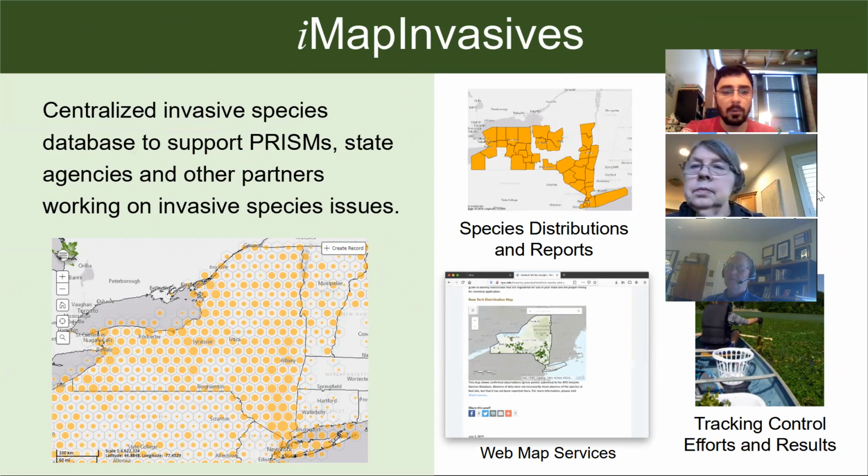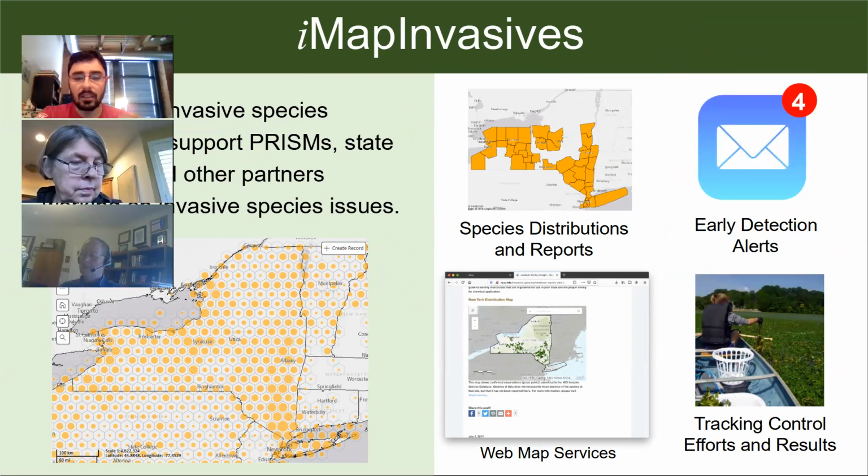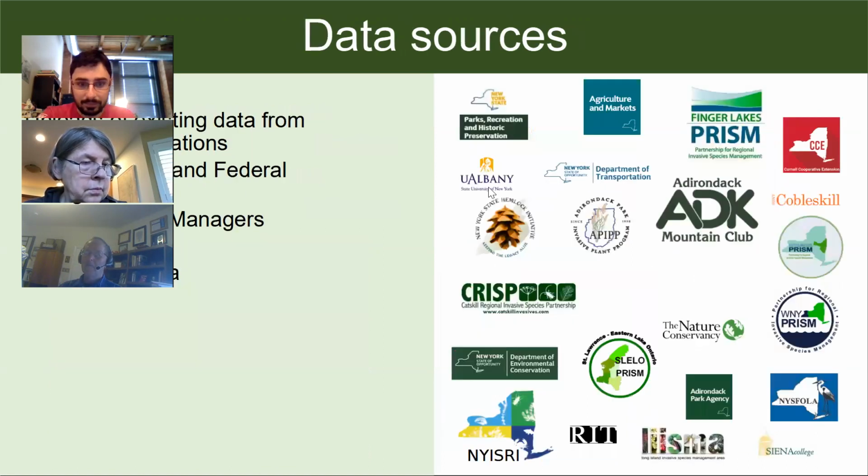It's really good for people who work in my line of work because it gives us these really comprehensive maps of where everything is in New York State. We actually get emails, notifications as to when a new species is detected. So this is a really valuable tool for us, and making sure that all of your data is entered into this system will make it even more valuable for us.